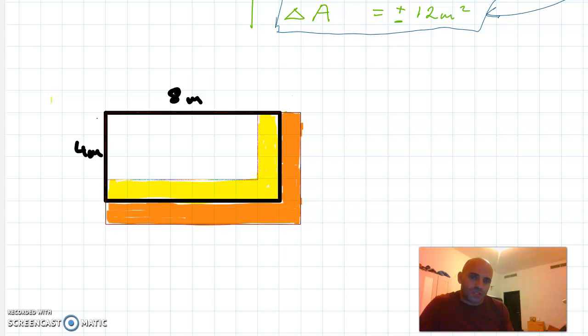If we then look at the other side, the positive side, we've got 9 times 5, which is 45 meters squared. That is represented by this extra piece on the outside. So our measurement should fall out here somewhere, in the region between the yellow region and the orange region, all the way around.